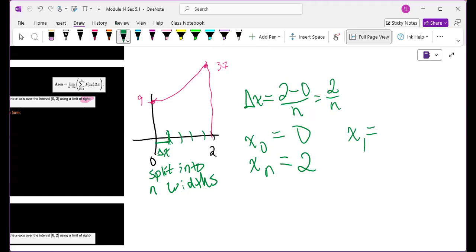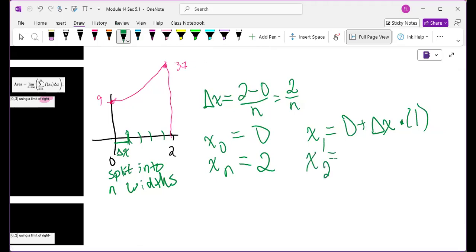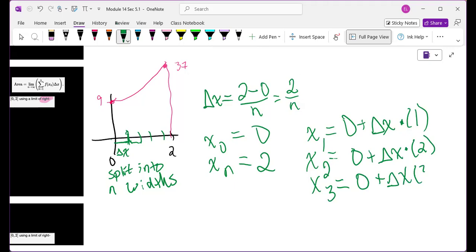So my starting number is 0 plus my delta x times 1. To figure out my next one, I take my starting number and now I'm going to add 2 widths. To get my third one, I'm going to add another, so I have delta x times 3.